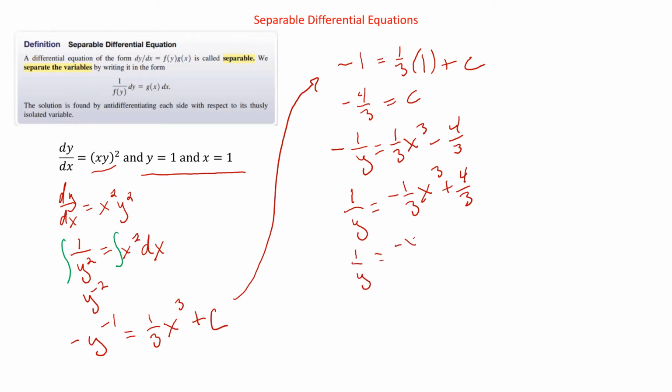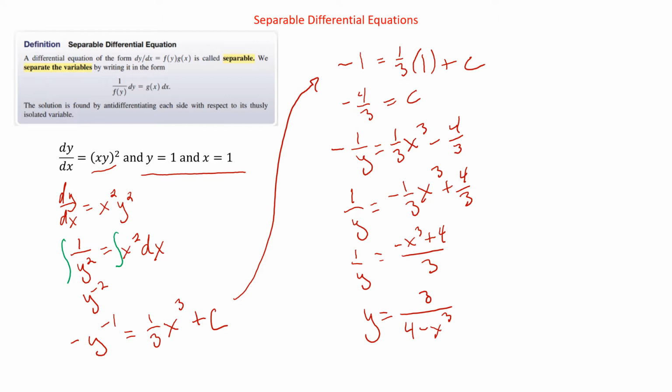So this is negative x cubed plus 4 over 3. And so now when we flip it, we get y equals 3 over negative x cubed plus 4, or 3 over 4 minus x cubed. And so that would be solving this for y.